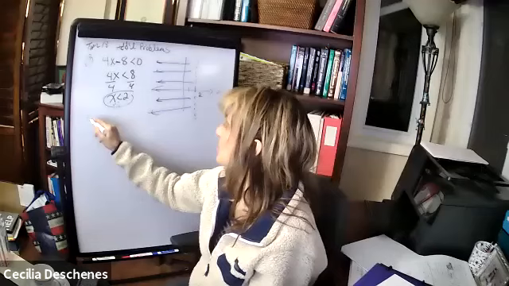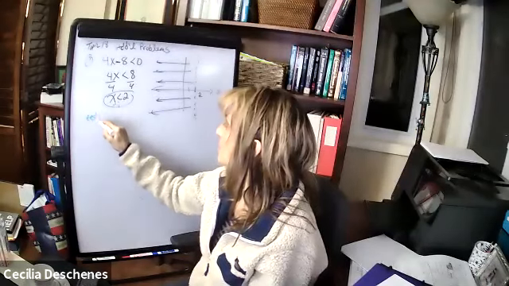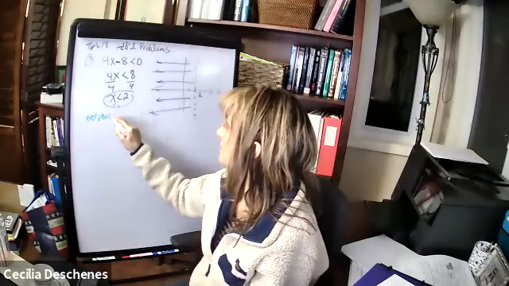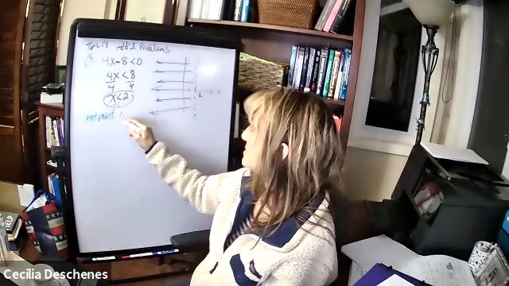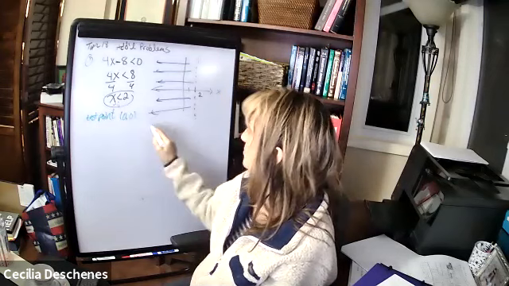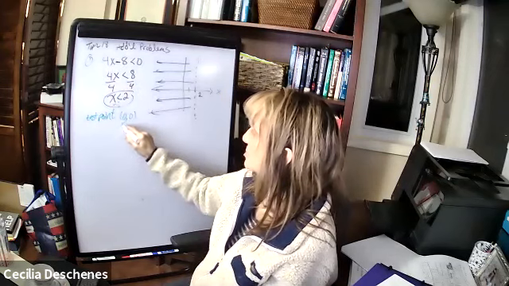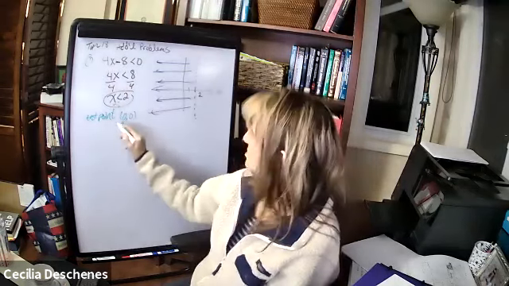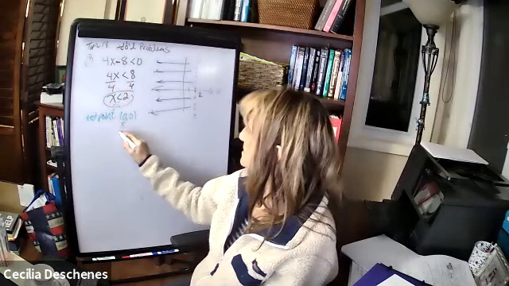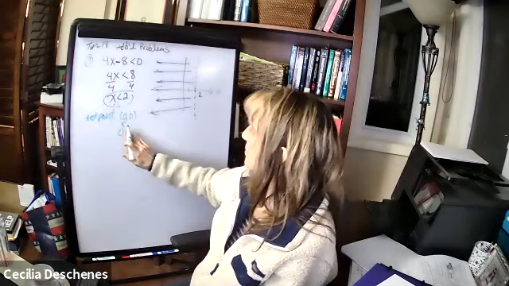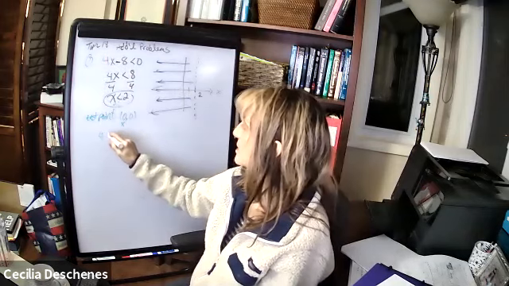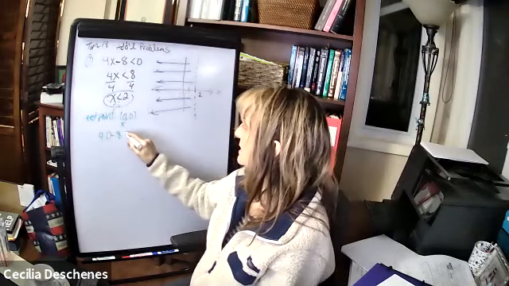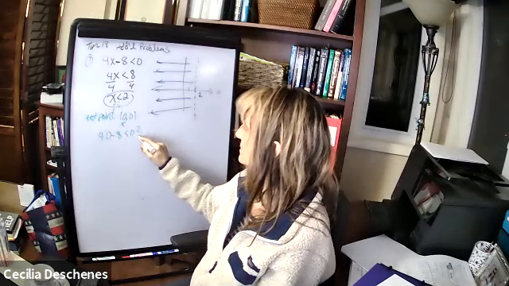Okay, so let's try the test point. So if we were to do a test point, we would generally pick the origin, 0, 0, which there's no y in this inequality, so we're just really focusing on the x. So we can go back up to the top if you want. 4 times 0 minus 8, is that less than 0?